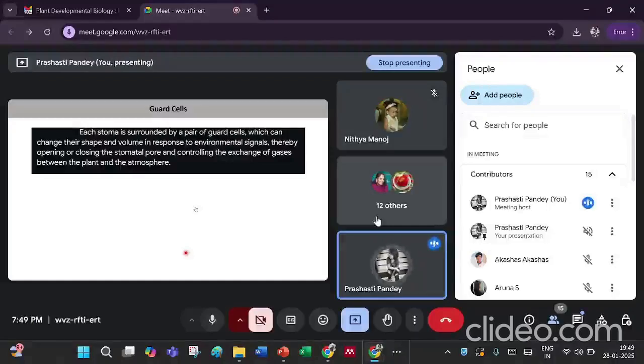Those stresses will cause the plants to respond. Suppose we talk about waterlogging stress, which is nothing but excessive water in soil. In that case, transpiration is basically stopped because the plant has an excess of water.